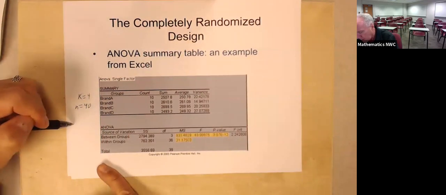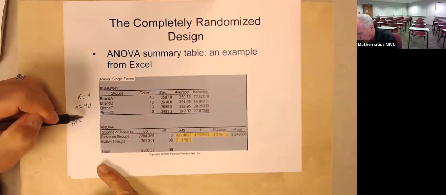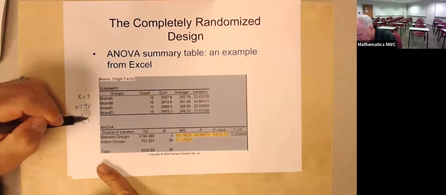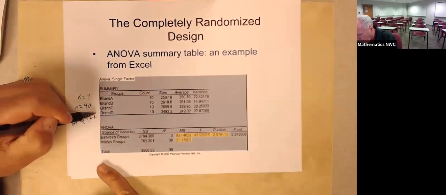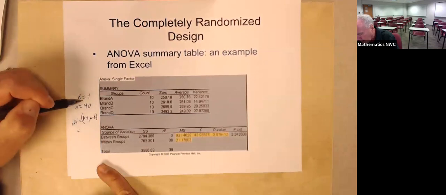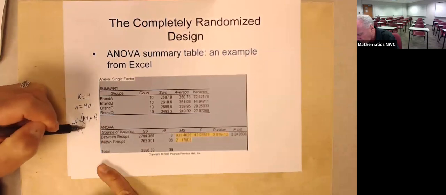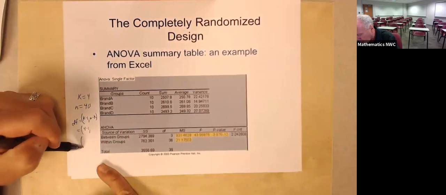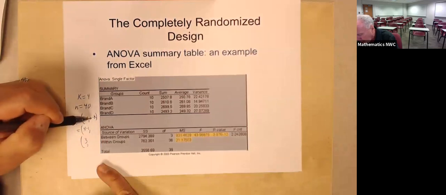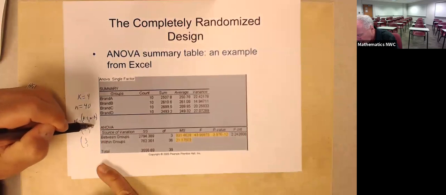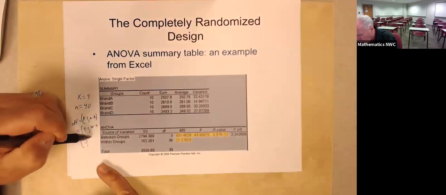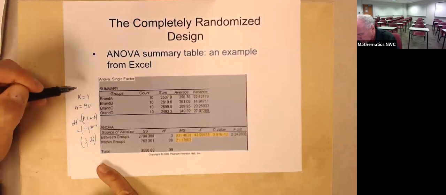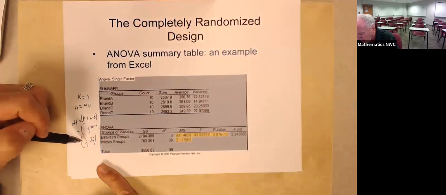So now my degrees of freedom, K minus 1 and N minus K. K minus 1 is 4 minus 1, which is 3. N is 40 minus 4, which is 36. That would be my degrees of freedom if I needed to look it up on the chart.